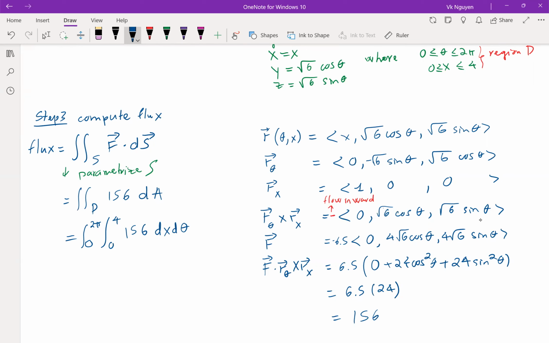Well, this is just a square here. Let me put 156, 0 to 2 pi d theta, 0 to 4 dx. 156 times 2 pi times 4, so multiply them up: 8 times 156 is 1248 pi.